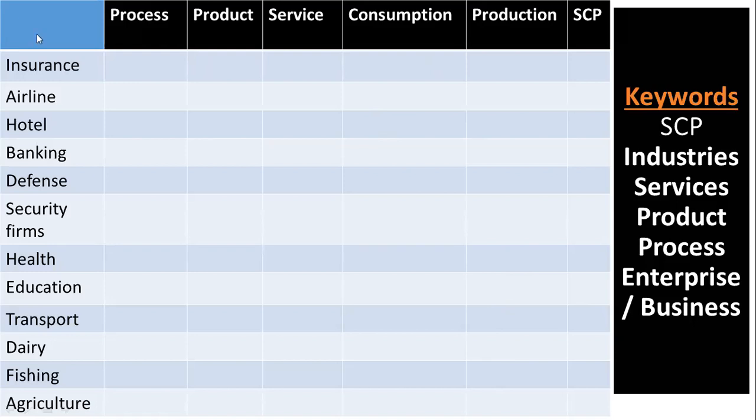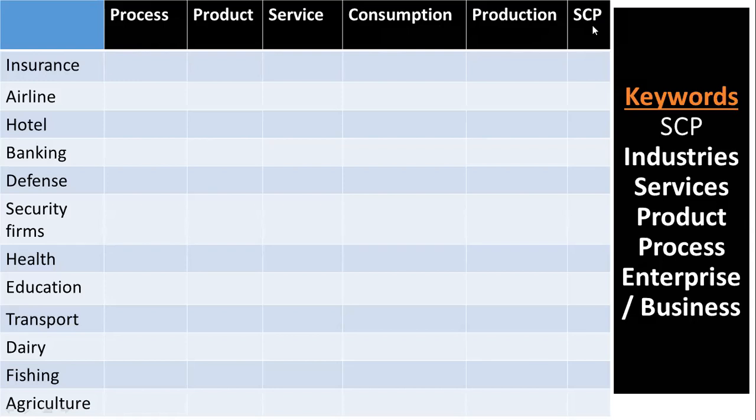So the leftmost column, you can see, is business or enterprise or industrial, anything. The next is a process column, a product column, a service column, a consumption column, a production column, and a sustainable consumption and production column.